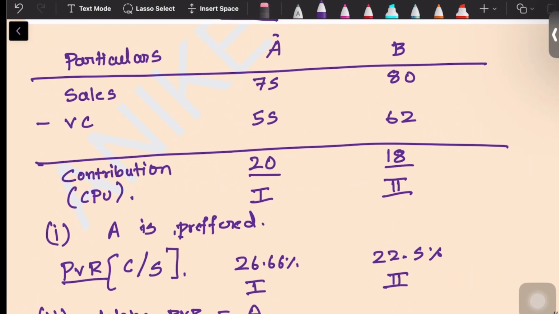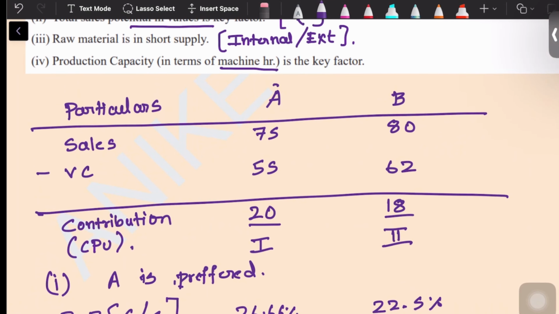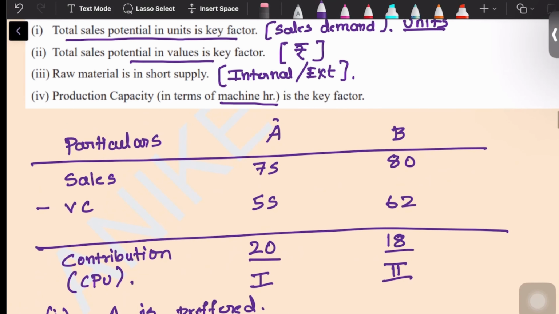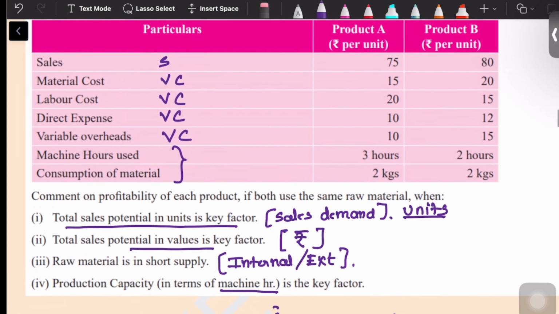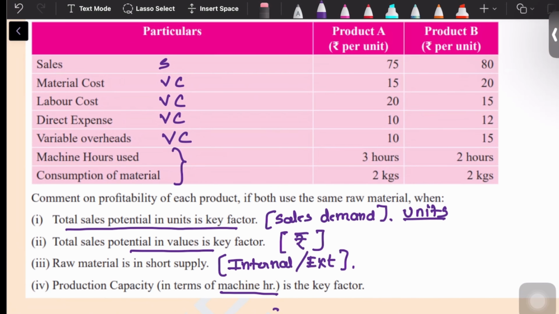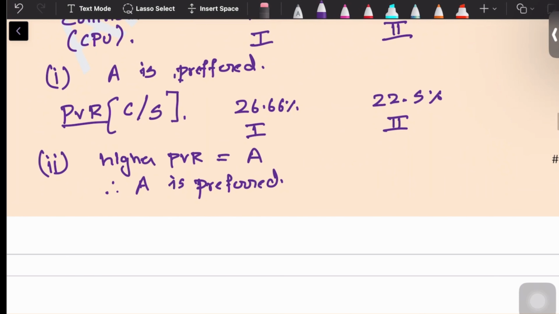So here I have contribution per unit at the level of A and B, but they use raw material in different kgs. For example, in this question, the consumption of material for A is 2 kg, B is also 2 kg. So what I will calculate is contribution per key factor.